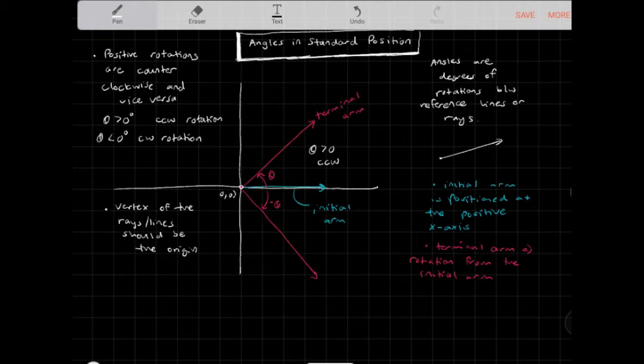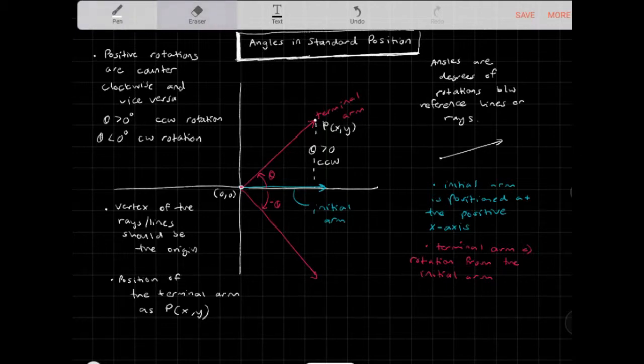The vertex here is the origin, which is 0 and 0. Okay, and because the vertex is the origin, we can look at the position of the terminal arm from the vertex as a coordinate x and y. Okay, so we can look at the position of this terminal arm from the vertex, and this point can be expressed as x and y.